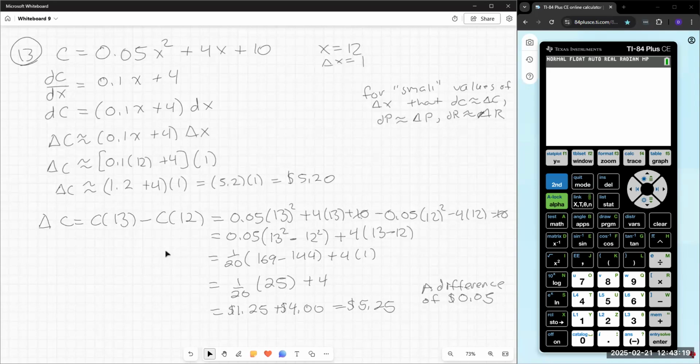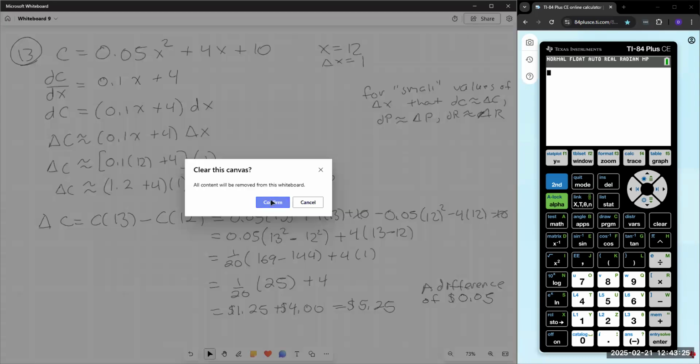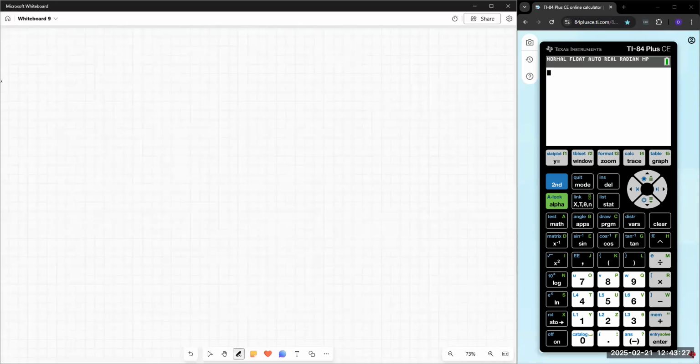Let's go ahead and look at number 14. And it tells us that C is equal to 0.025x squared plus 8x plus 5.